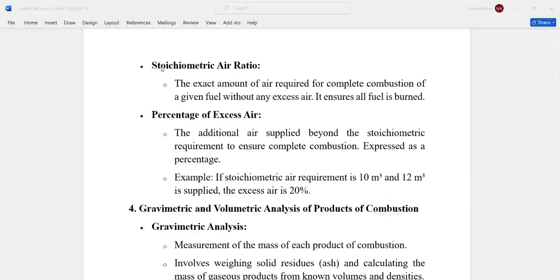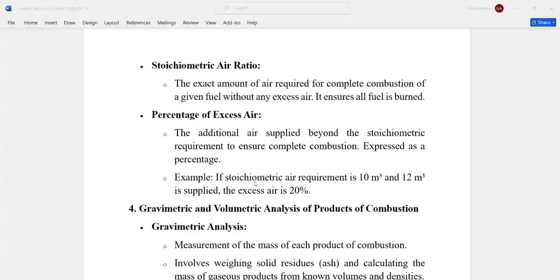But now, what is stoichiometric air ratio? Stoichiometric air is the amount of air required for complete combustion of a given fuel without any excess air. It ensures that all fuel is burned and there is no excess air that remains. So the percentage of excess air, we said you can calculate it, and you will need to understand what has been used.